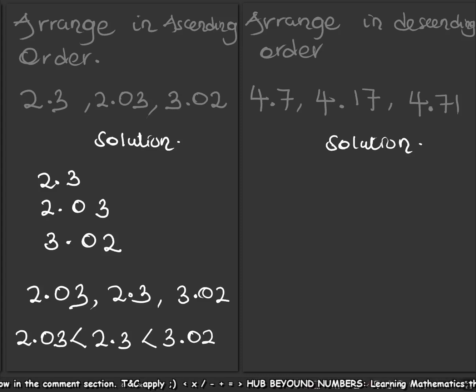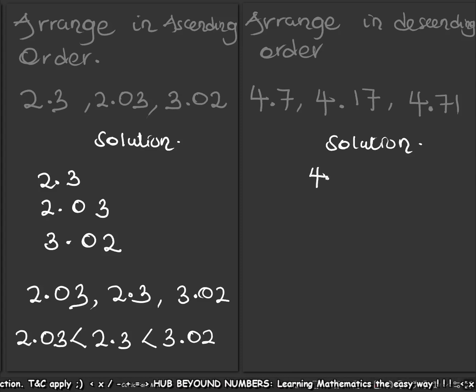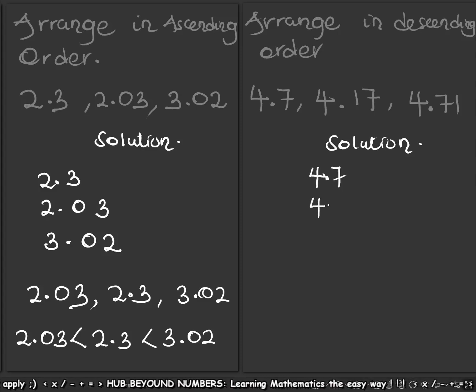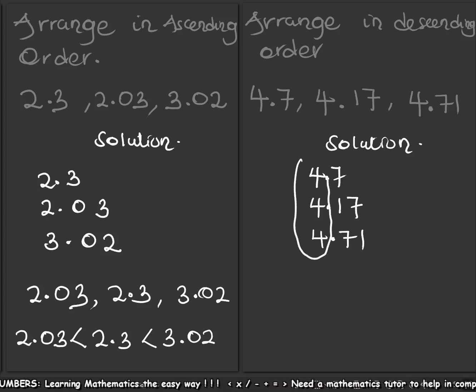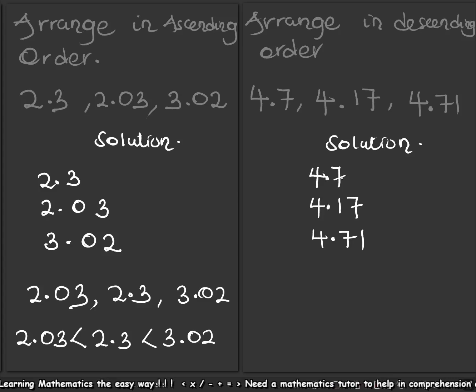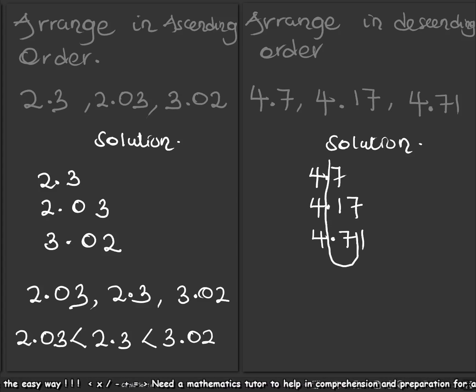So we are looking out for the biggest. We are looking out for the biggest. So we have 4.7, 4.17, and then 4.71. As you can see, they are all having a whole number of 4. You see, hence we are looking at the next place value, which is the tenth.